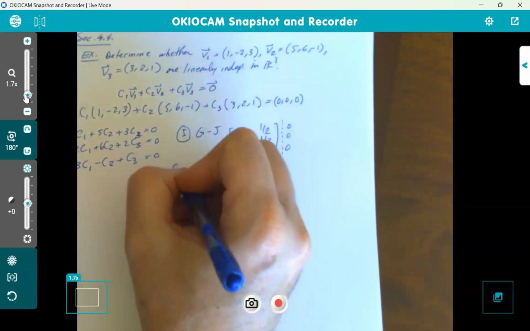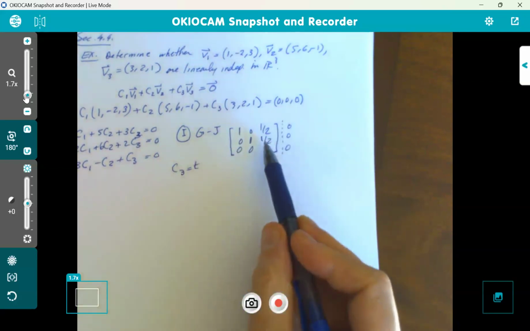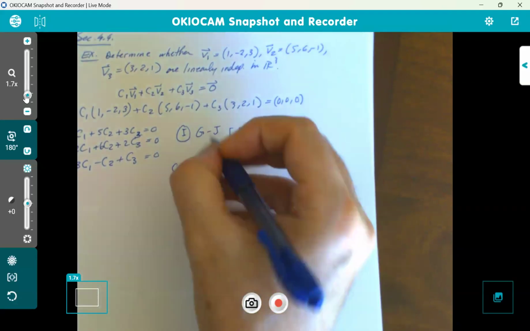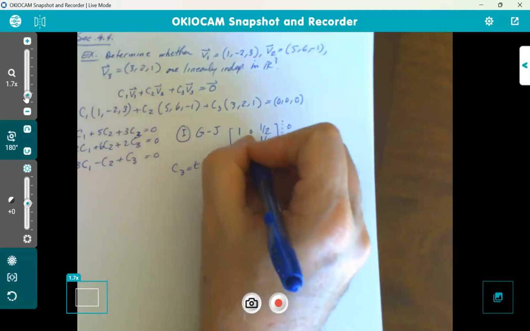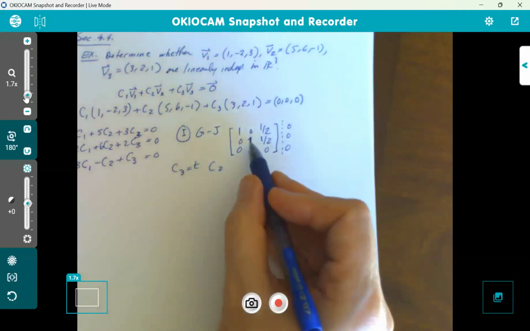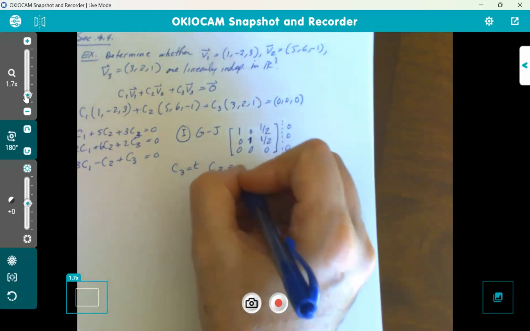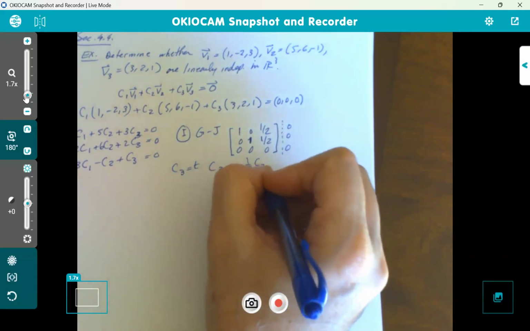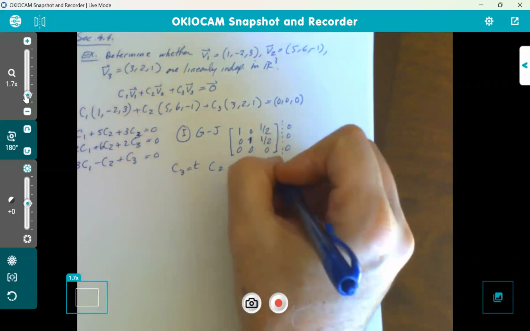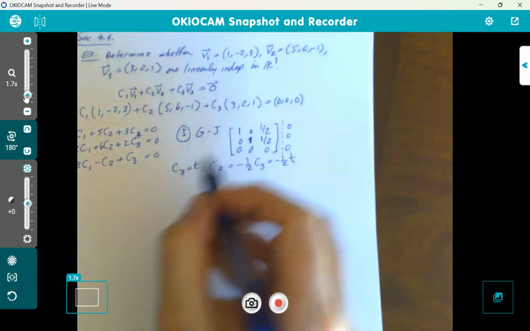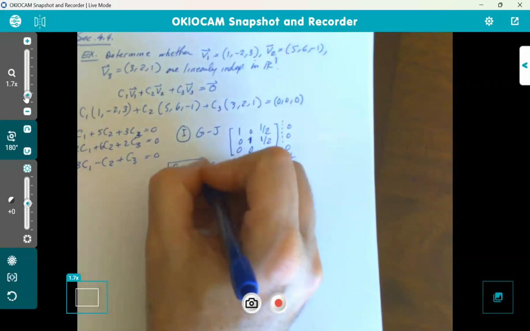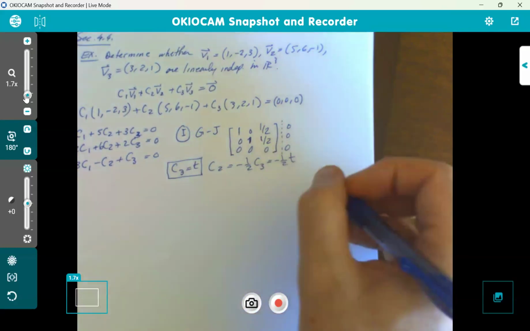So if I let C3 be t, then this is the coefficient on C3. And from this, C2 right here, 1 C2 plus 1/2 C3, so C2 is equal to -1/2 C3, which is really -1/2 t. Again, the free variable is C3. And what is C1?